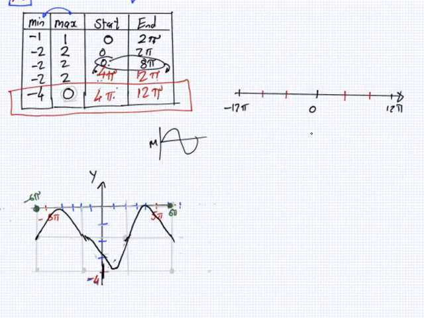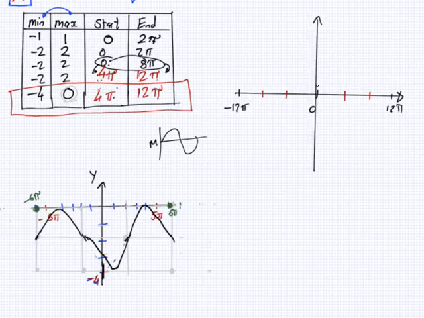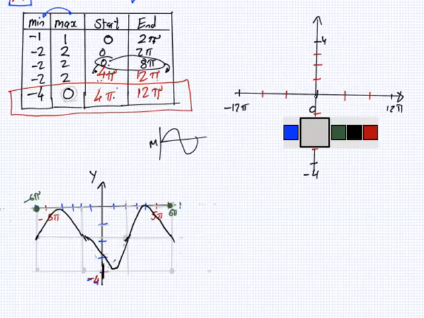Okay, and what about the y? Yeah, I need to go from minus 4 still. So I should go in 1s. That's 1, 2, 3, 4, and down 1, 2, 3, 4. Okay, what's next?